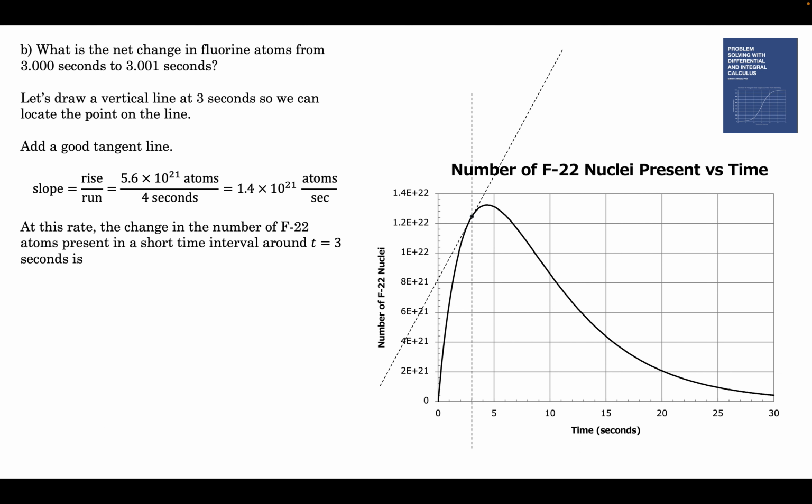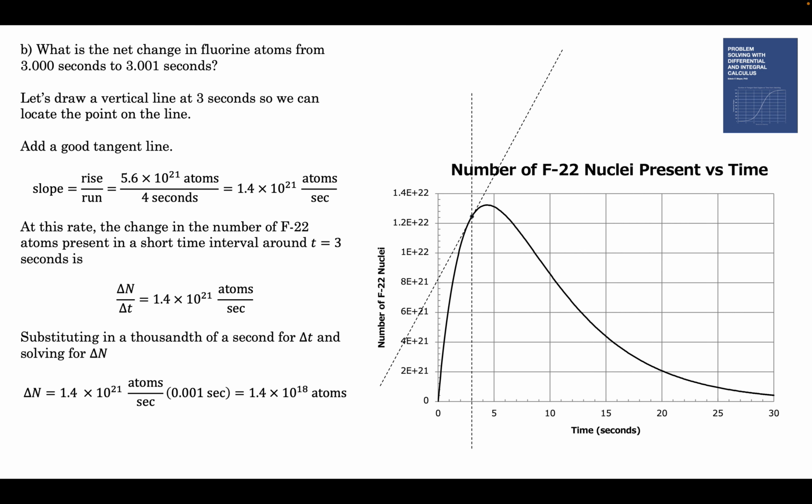As long as you're close, that's the decay rate. Delta n over delta t is approximately that, as long as you don't wander too far away. If we put in 1,000th of a second for delta t, which is not too far, we get 1.4 times 10 to the 18th atoms have been produced from 3 to 3.001 seconds.